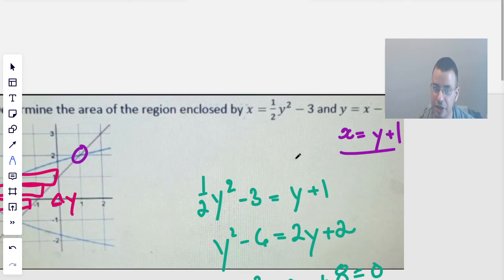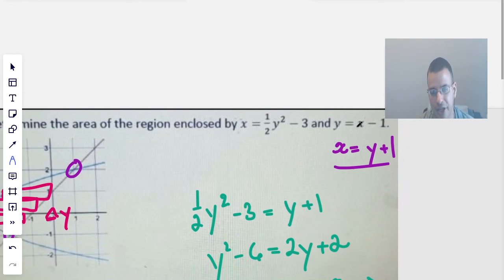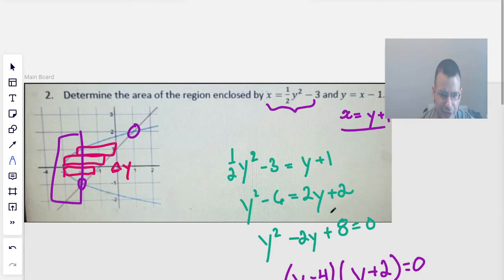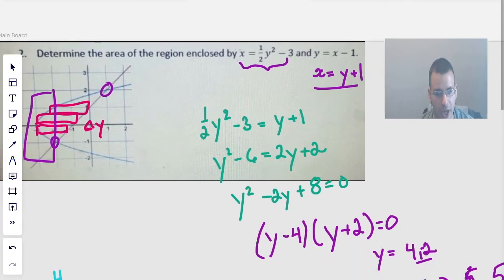If we want to integrate in the x direction, we would have to solve this for x, and then we would do the top function minus the bottom function, which would be parabola minus the line, but we'd have to break it up into two portions and worry about just the parabola over here, because that part's just the parabola, and top minus bottom doesn't really make sense. Then we'd have to be careful with the signs and square roots and that sort of thing. So just to avoid that whole mess, I decided to integrate with respect to y.